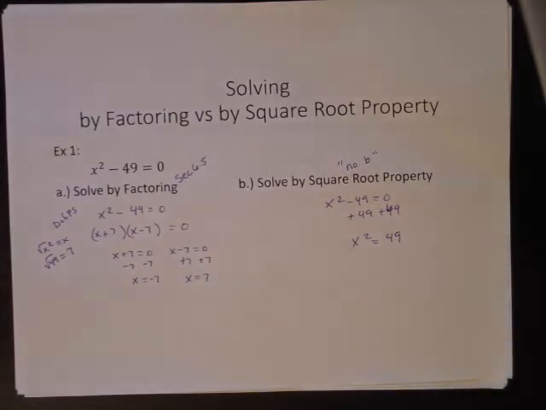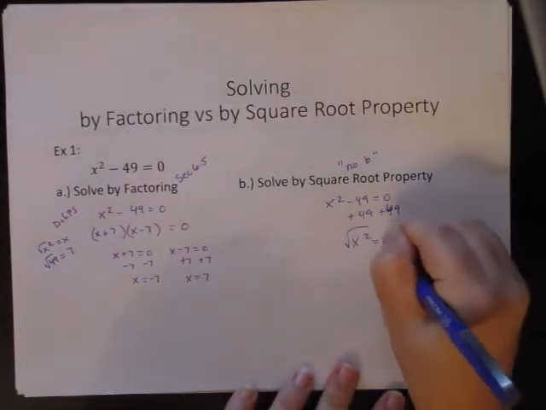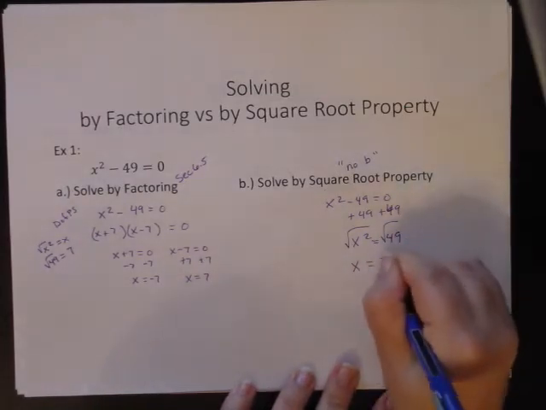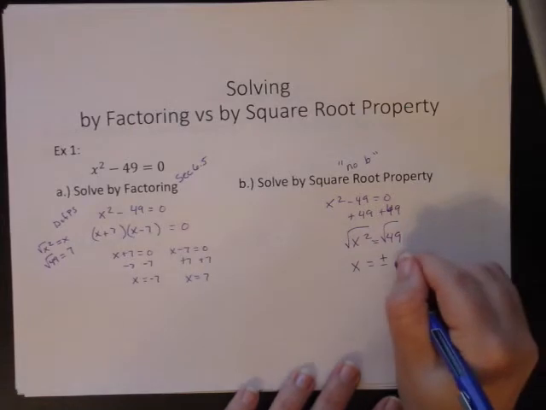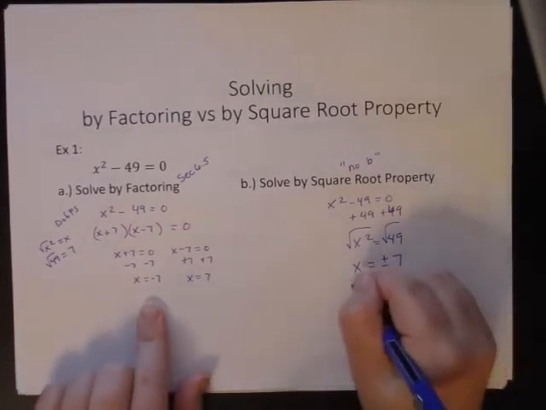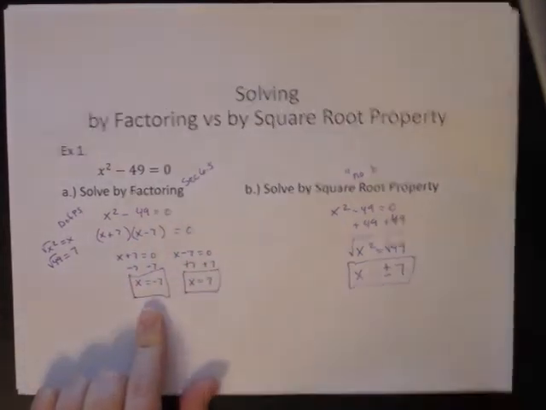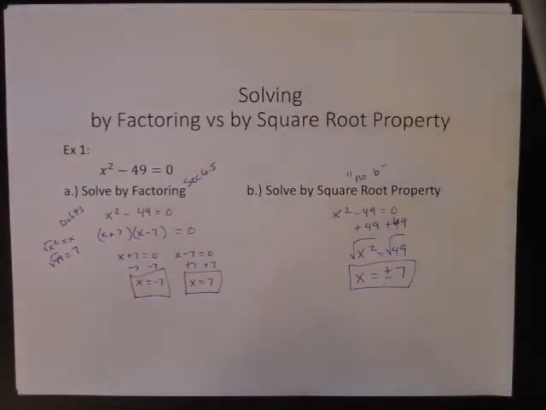Now in order to get x squared to x, all we have to do is take the square root on both sides. But remember, when we put the square root in, we have to go plus or minus. So the square root of 49 is plus or minus 7. Technically, we get the exact same answers. This just took a little less work. Okay, and that's solving by the square root property.